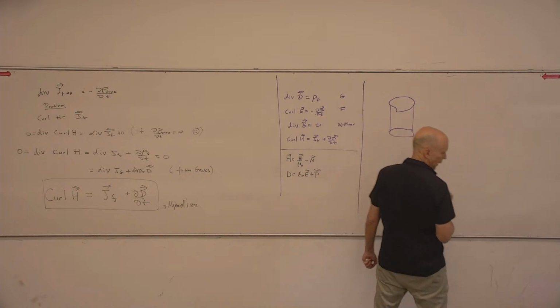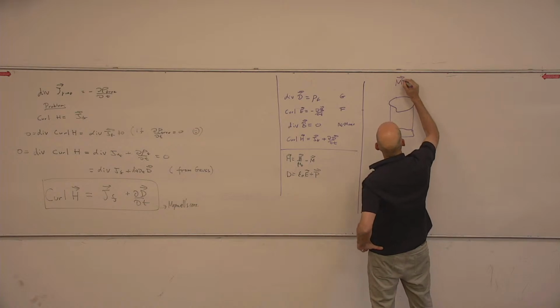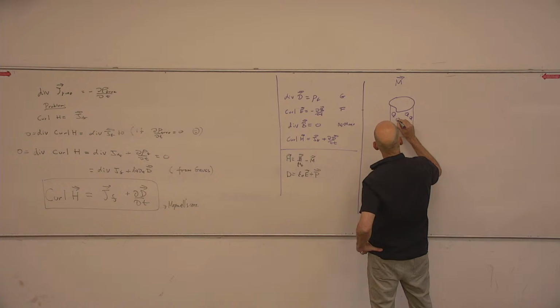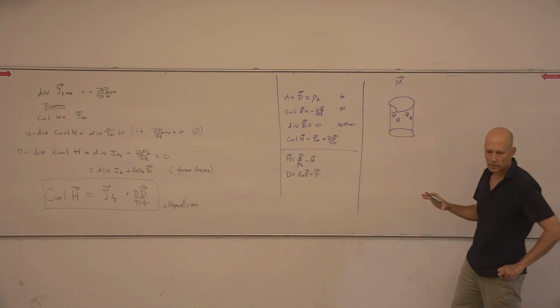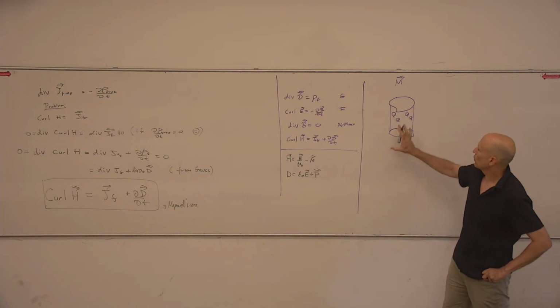So, for example, in the context of the magnetization M, what did we say? We said that we have a material with all kinds of currents, but these currents are not flowing all over the place, but effectively they are, for example, on the surfaces or inside the bulk.